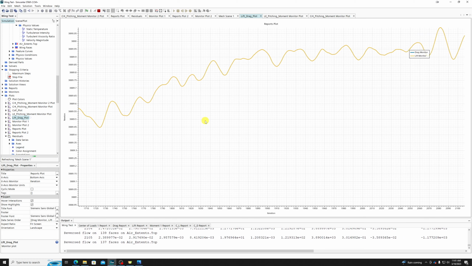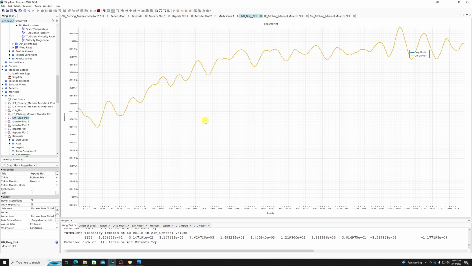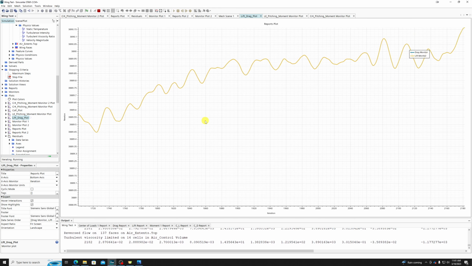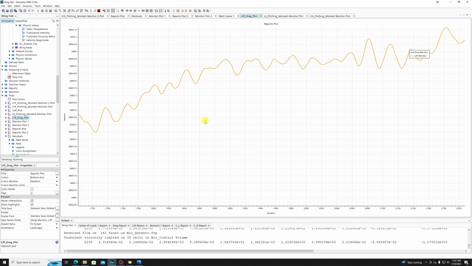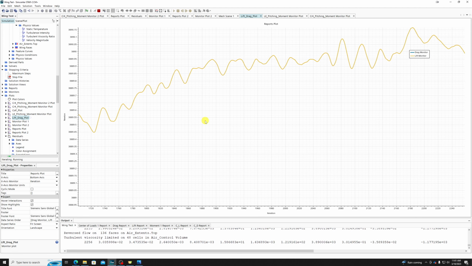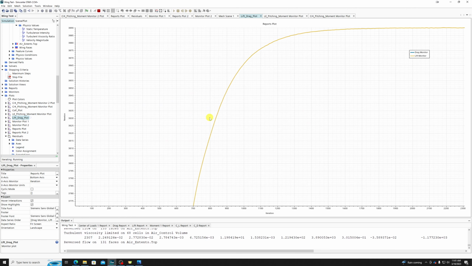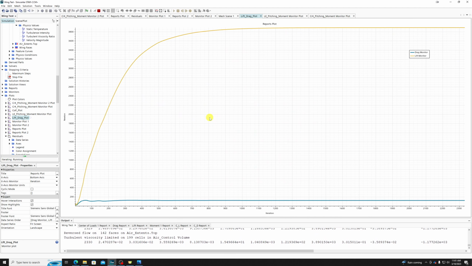A little bit more than that now, but this is probably a small enough oscillation that I'm willing to call this converged. Again, could be slightly better, but this is almost certainly good enough for most applications.